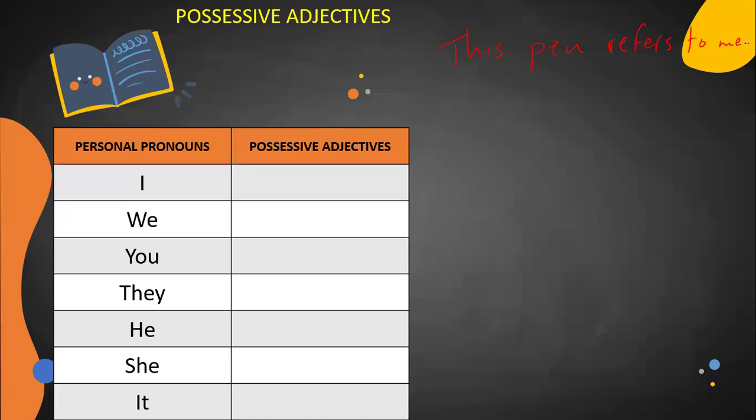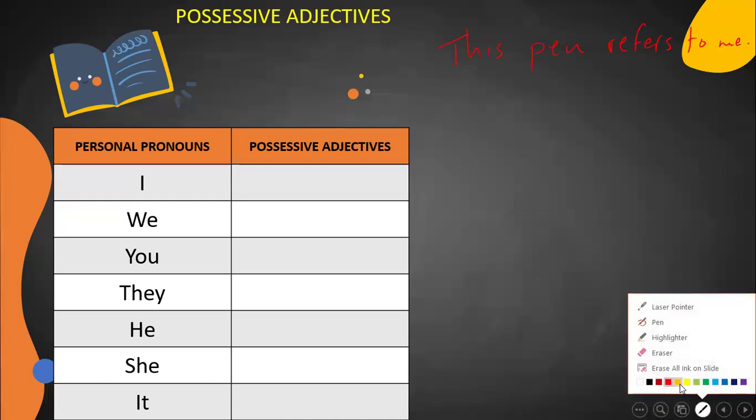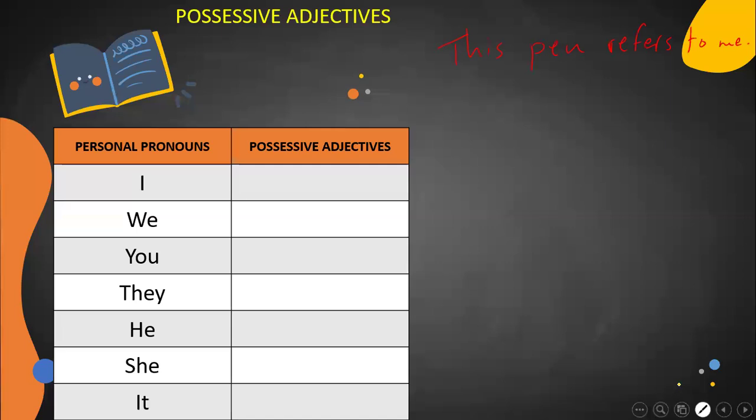How can we use a possessive adjective to say this sentence? This pen refers to me. We can say this is my pen.